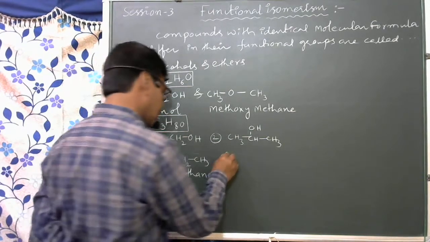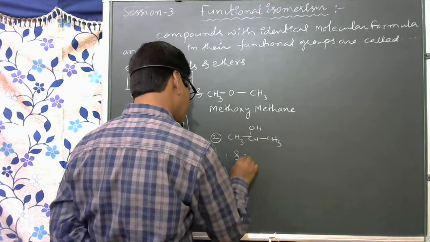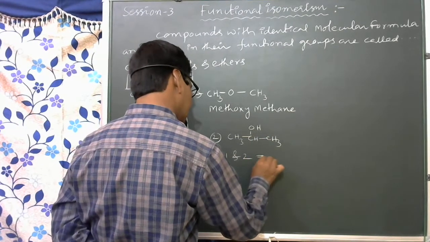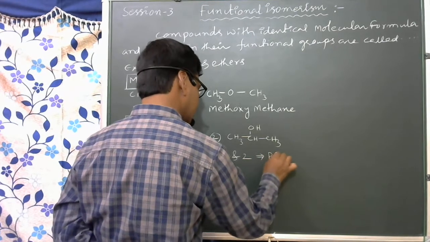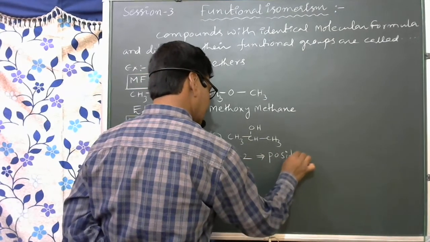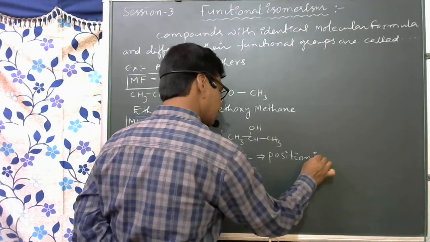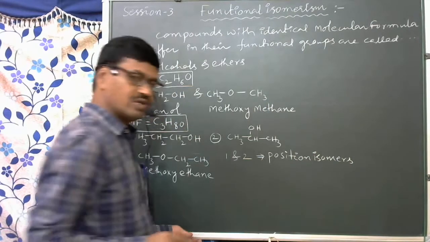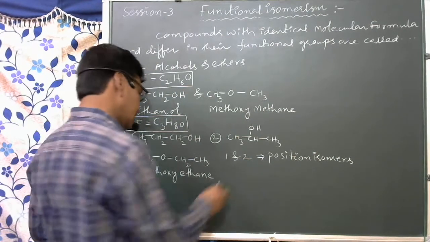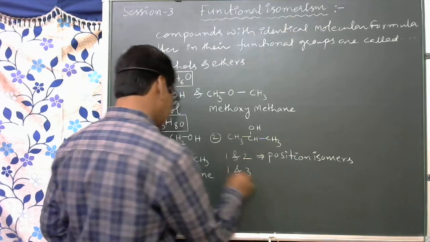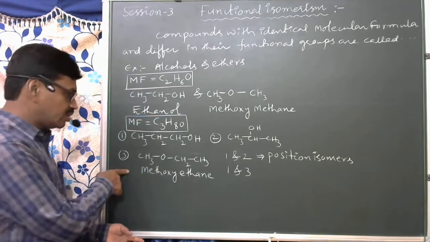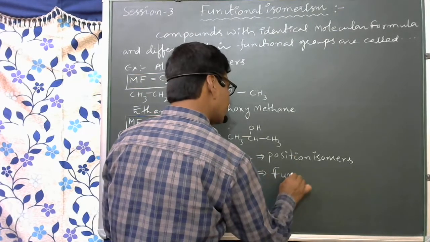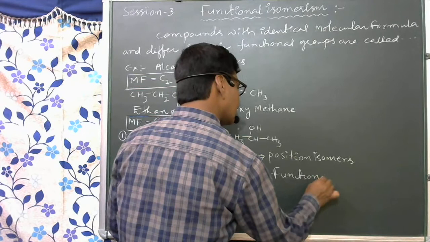Here I am writing first compound and second compound. 1 and 2 are position isomers, otherwise we can say regioisomers. 1 and 2 are position isomers or regioisomers. Then 1 and 3, these two are functional isomers.